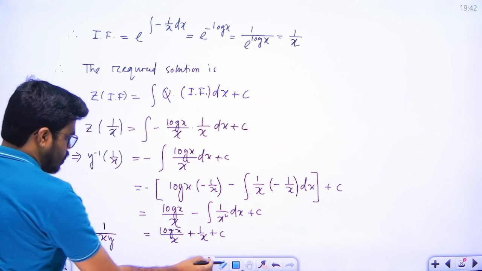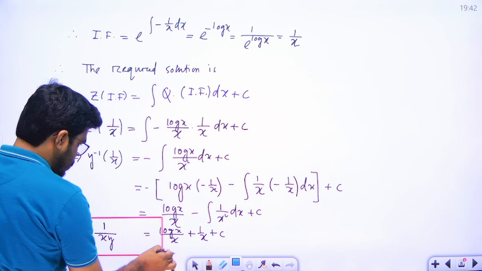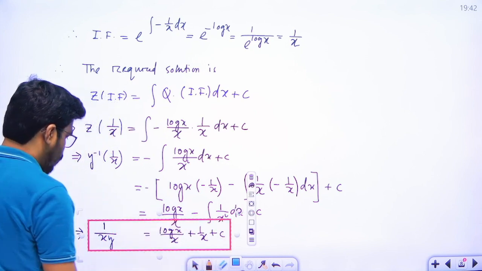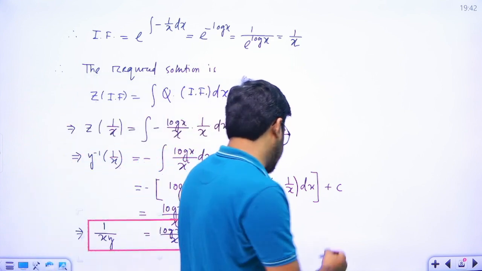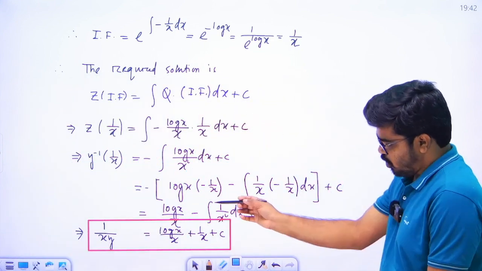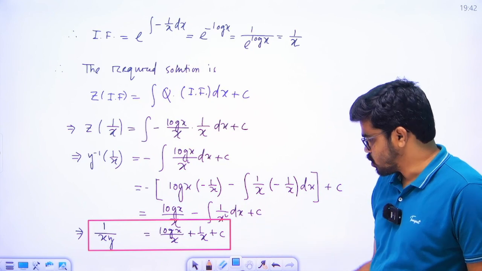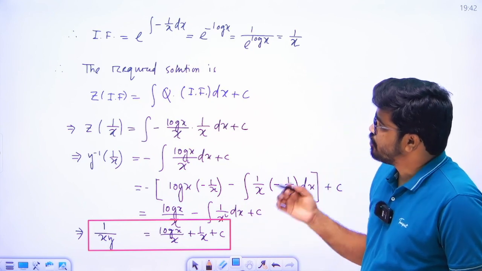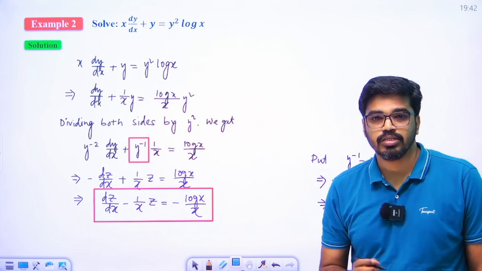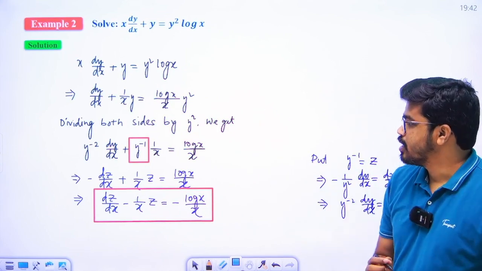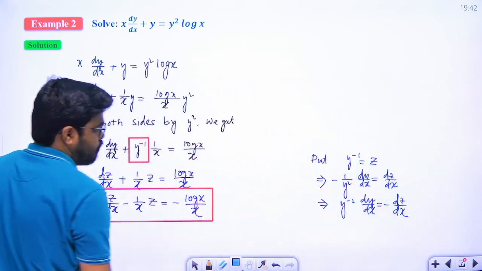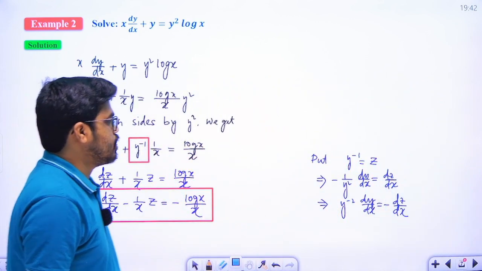So ultimately what we get, the solution is 1 by xy equals log x by x plus 1 by x plus c. So this is the solution of the given differential equation.